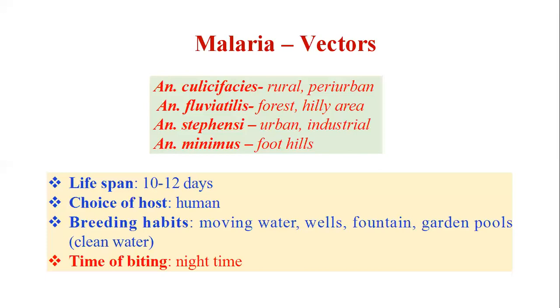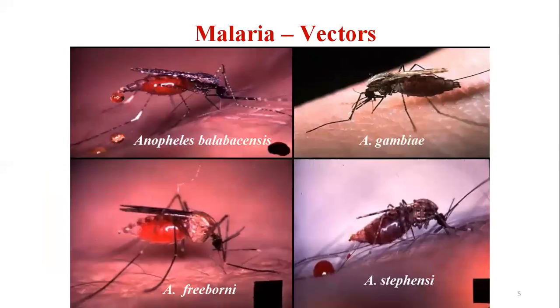The time of biting is night time, meaning at night the adult female Anopheles mosquito will bite humans. These are four different types of Anopheles mosquito: Anopheles balabacensis, Anopheles gambiae, Anopheles stephensi, and Anopheles funestus. Here Anopheles stephensi is a very important mosquito functioning as a vector of Plasmodium.